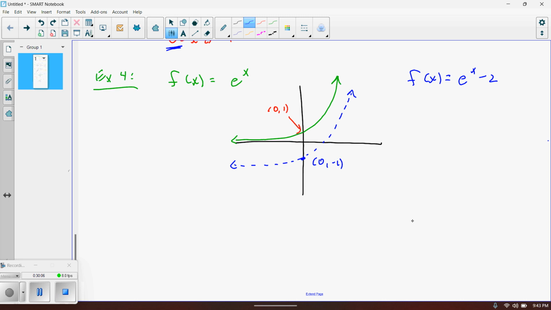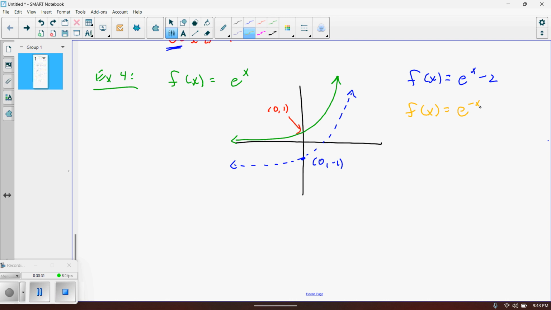The more interesting thing is if we reflect them somehow. So we could reflect this one over the y-axis. So let's say that we wanted to reflect it over the y-axis. If we want to reflect it over the y-axis, we're affecting the x value. So that would be e to the -x.